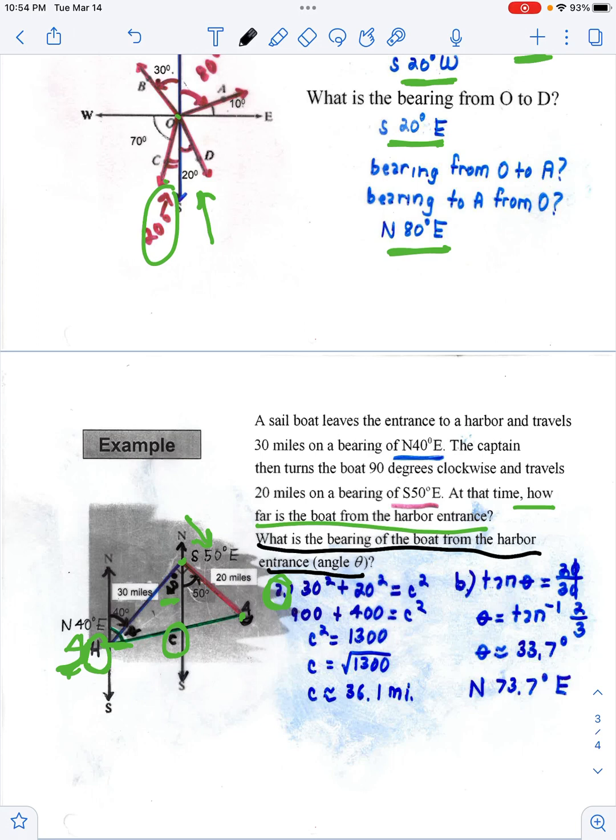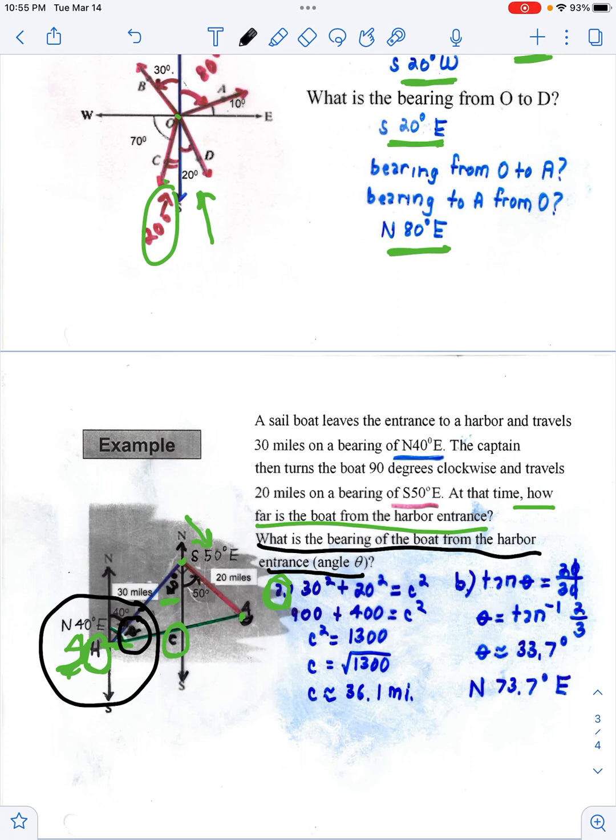And that would be made up over here, when you look at the diagram, of the 40 degrees from the original bearing angle when we left the harbor, plus the angle theta down here in my triangle.